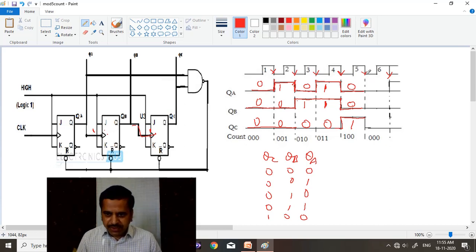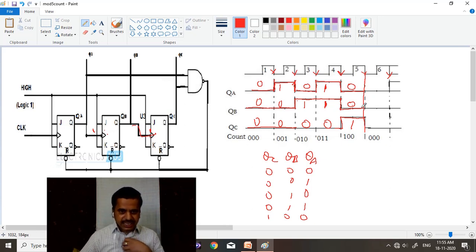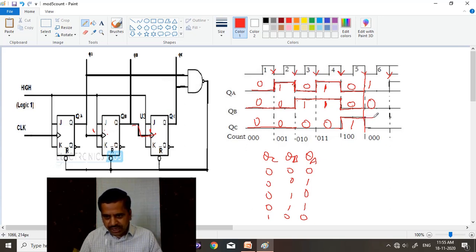Then when the fifth clock pulse is applied, the negative edge is recognized. What happens? Now it is the interesting one. When the fifth negative edge is applied, the first flip-flop has to go from 0 to 1. When it goes from 0 to 1, the second flip-flop does not change, it remains 0. With a 0 to 0 transition the third flip-flop also does not change, it should remain 1.